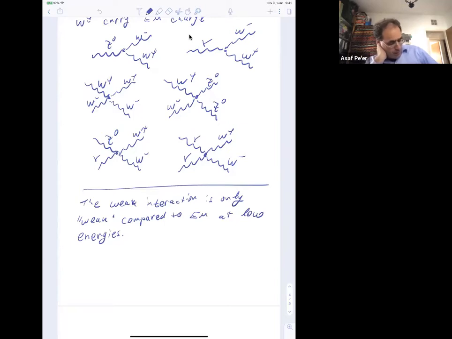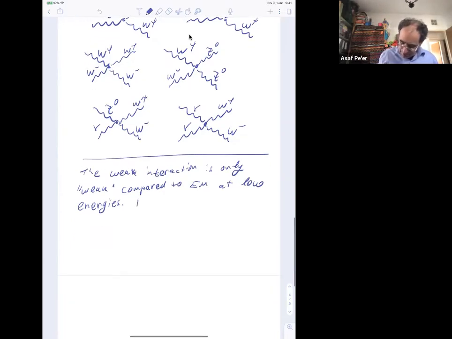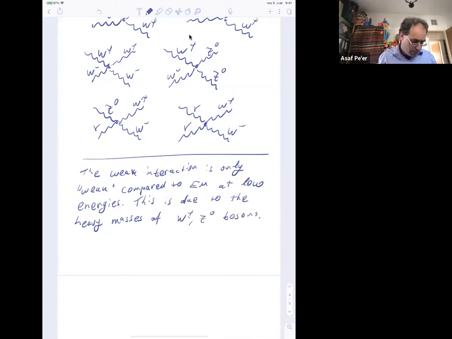And of course, the reason is the large, heavy masses of the W and Z bosons.